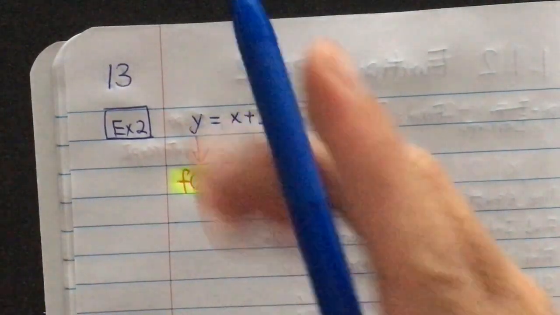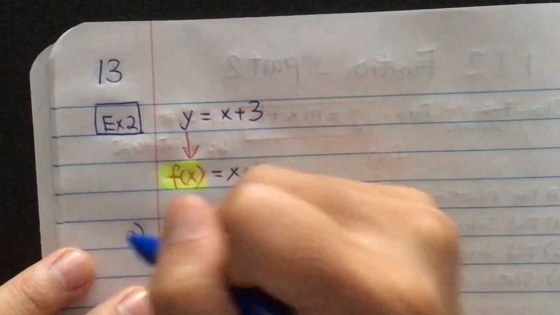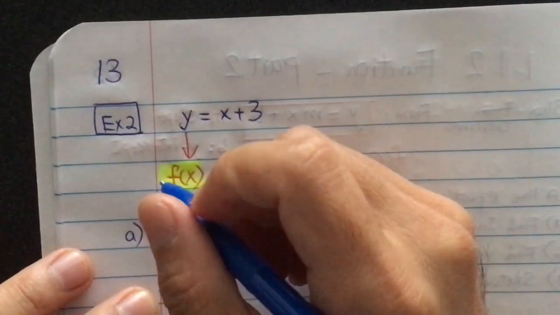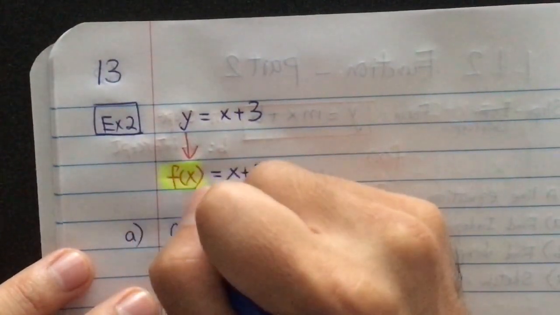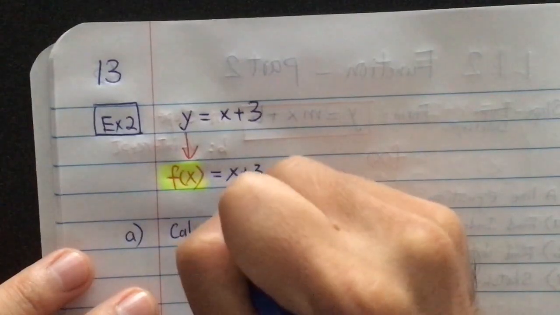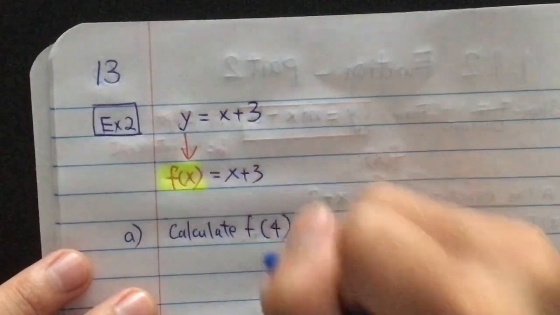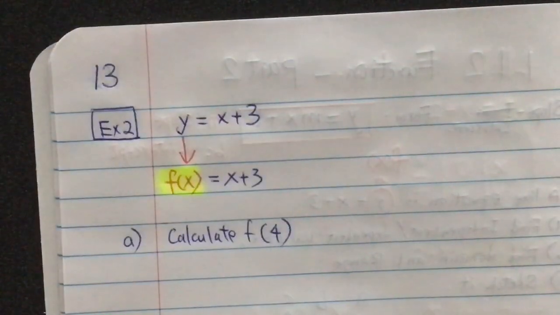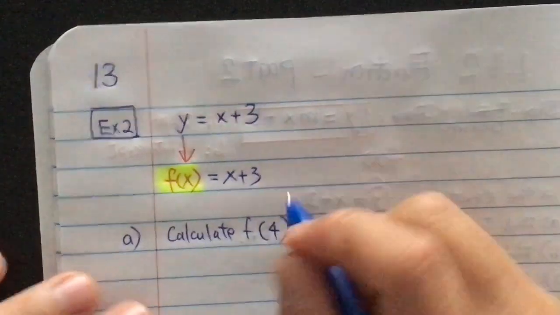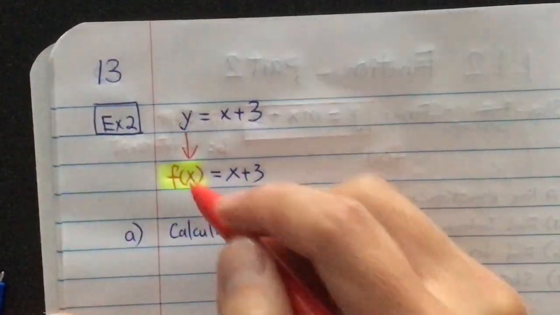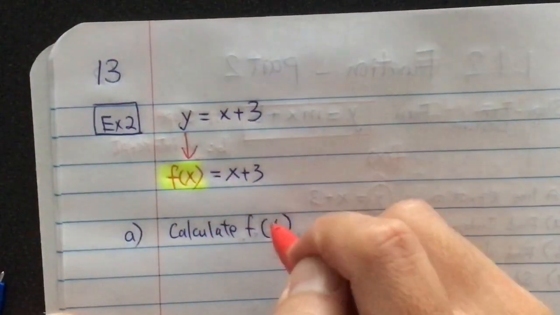So now, question A. Calculate f of 4. What does it mean by f of 4? Oh, that means, see, do you see x here?